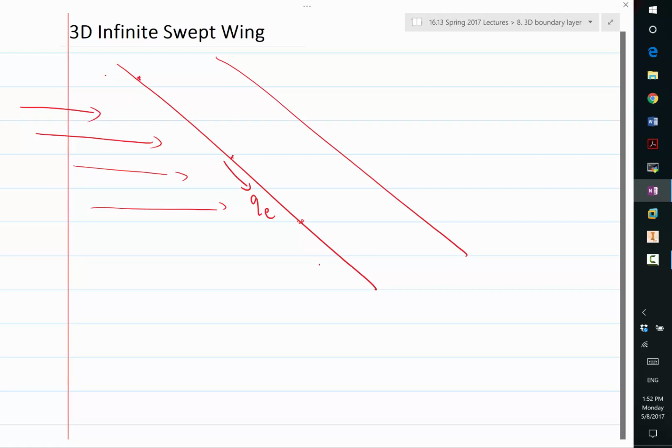No, if you have an infinite geometry, it's translationally symmetric, right? So basically, an infinite wing means if you take the solution here and apply it to here, it's the same, right?